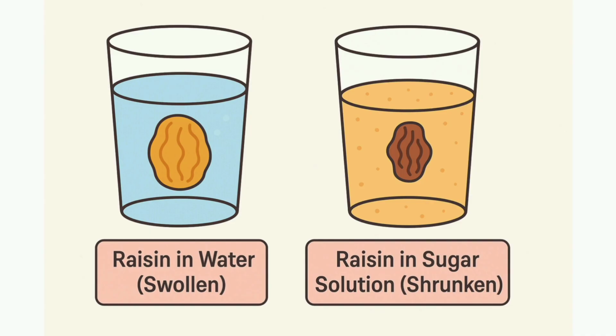If we put this swollen raisin in a sugar or salt solution, what happens? Inside the swollen raisin, the concentration of water is very high, and in the salt or sugar solution it is very low.